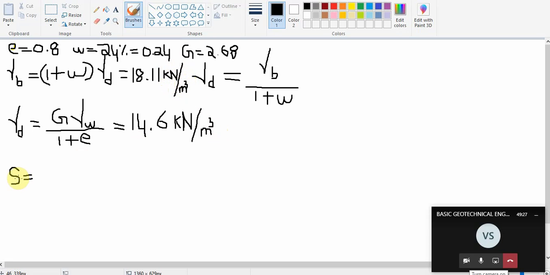Next, to find degree of saturation, we have this equation. Anyone, can you find degree of saturation? We have used that expression many times. 0.804. Okay, value is correct.